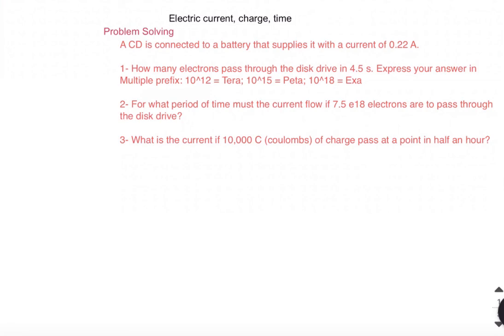So just use this equation for solving anything related to charge and time. Charge divided by time is by definition the electric current, and its unit is amperes.